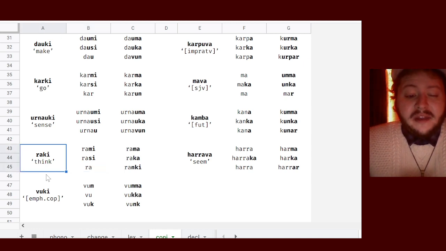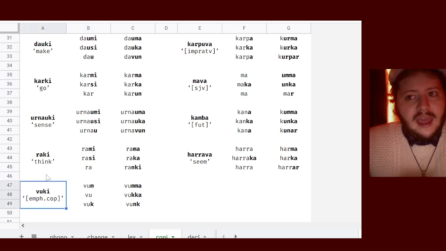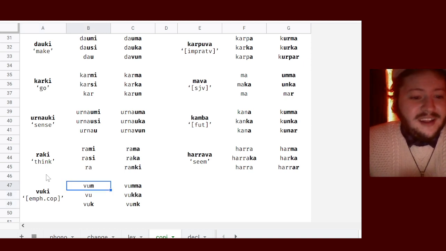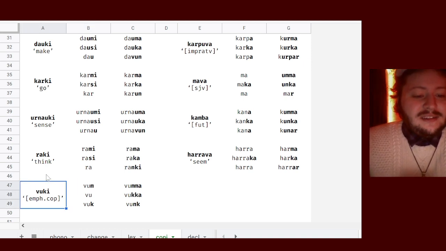But there is an emphatic copula, vuki, to sort of declare, especially identity, like I am Dabrian, for example. You could say I am Dabrian, which, what's the word for Dabrian? Dabravia? I'm forgetting my word for Dabrian.